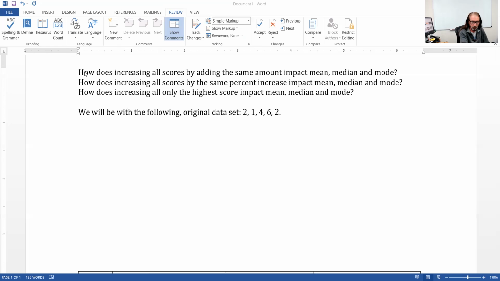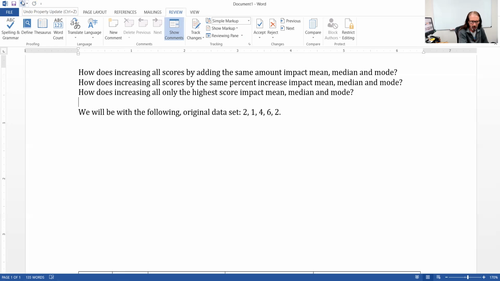For this original case, and then looking at these 3 changes, we'll look for mean, median, and mode and make some comparisons in terms of how things changed.